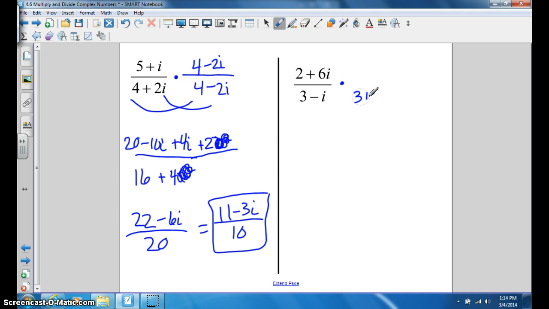In our last example here, multiply by that conjugate, which is 3 plus i. On the bottom, we will have 9 minus i squared, and up top we will have 6 plus 2i plus 18i plus 6i squared.